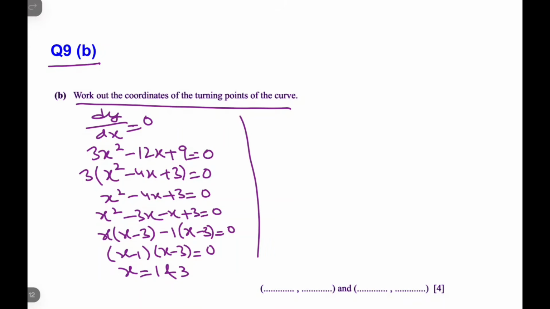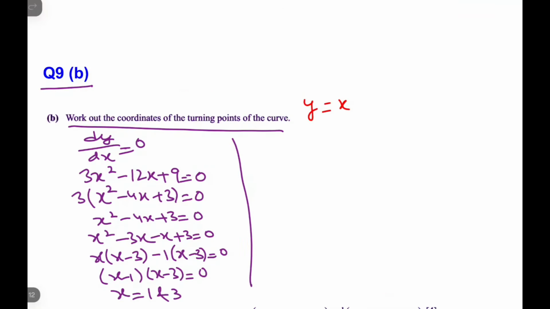Now corresponding to the values of x we will be finding y. The value of y will be x cube minus 6x square plus 9x. When x is 1, y will be 1 minus 6 plus 9, that is 4.